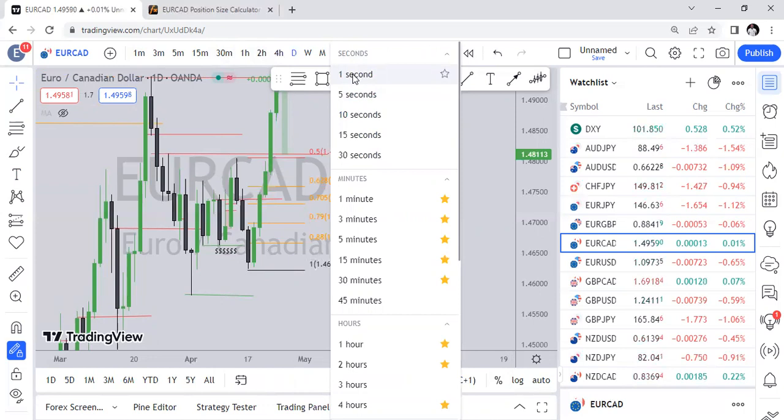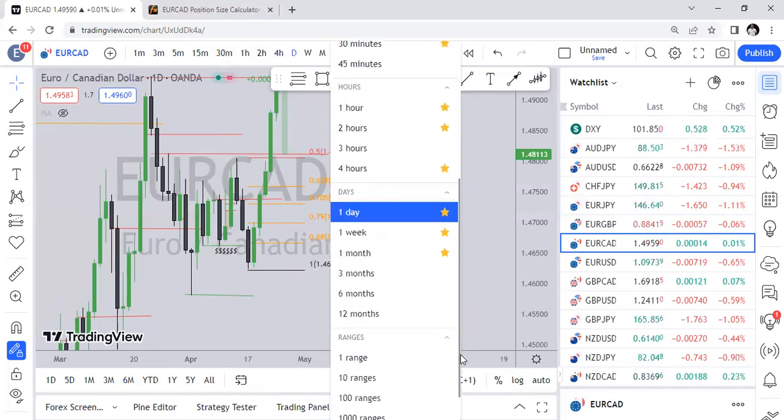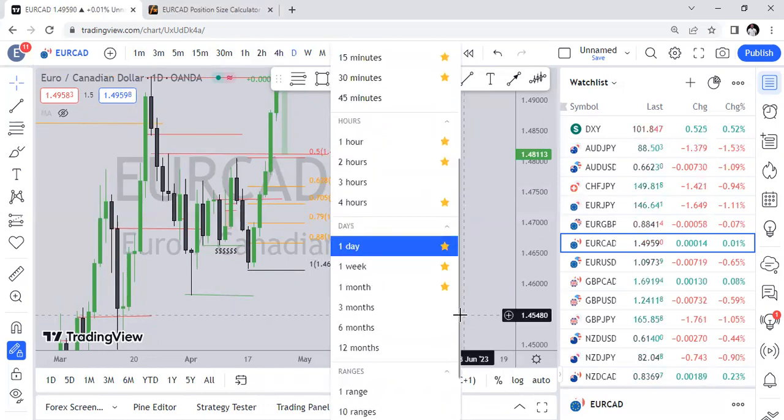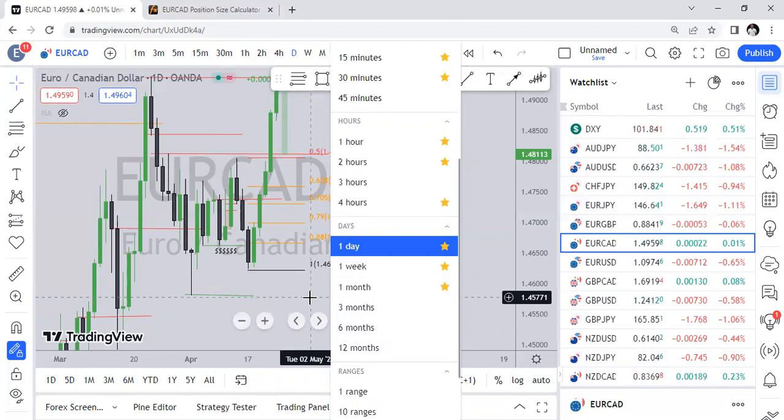So if you have the paid version, you have these candlesticks in seconds. But if you're using the free version, then from 1 minute up to the monthly, we even have 3 months, 6 months, and even a yearly candle.